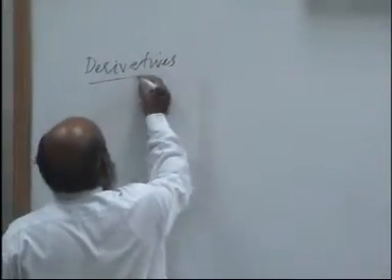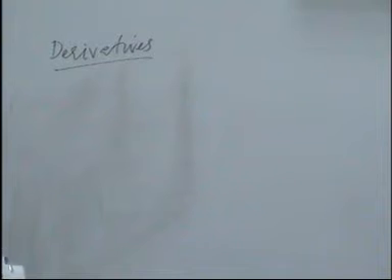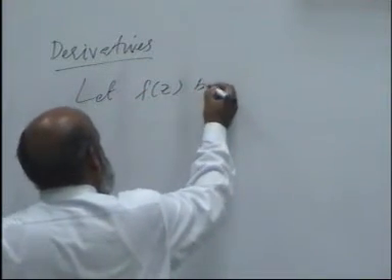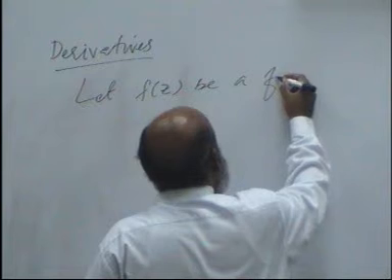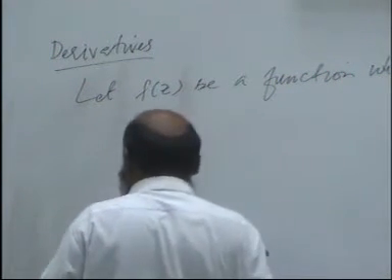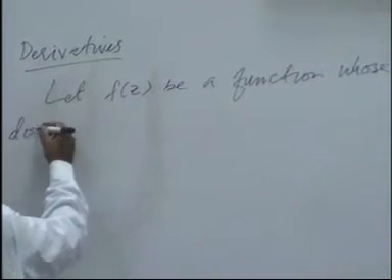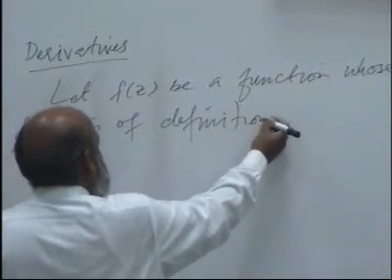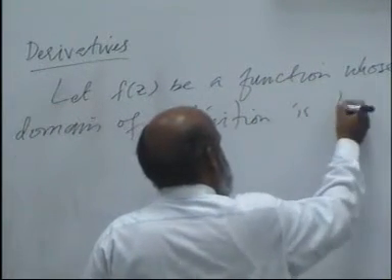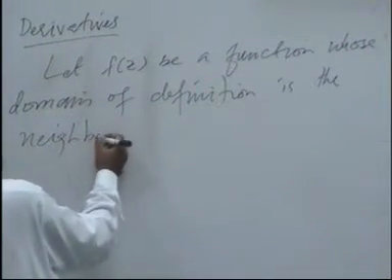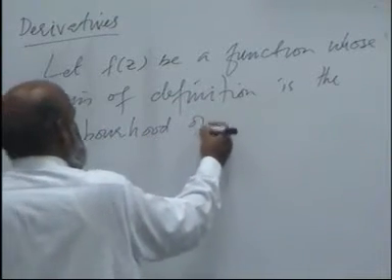Derivatives. Now let f of z be a function whose domain of definition is the neighborhood of z naught.